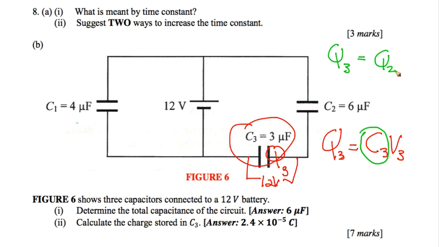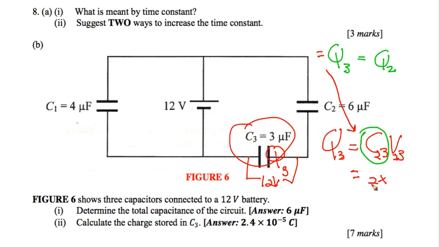So Q3 has the same value as Q2. Writing the equation, Q3 is C23 times V23.